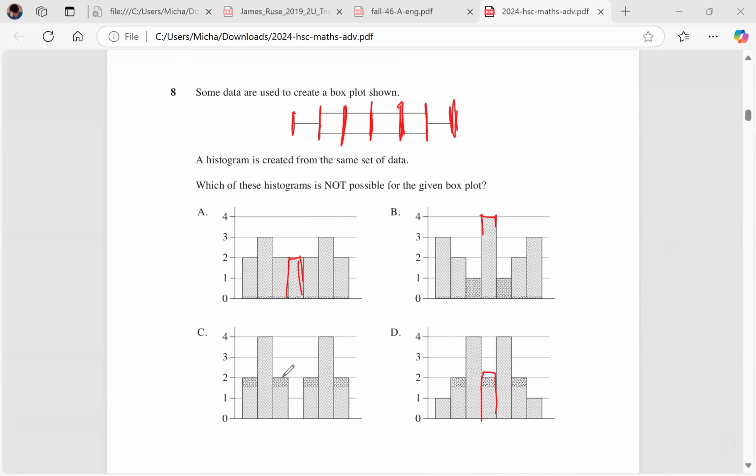So here I guess the median could still be in the middle. It's like the average. Wait, how many numbers are here? This is 4. This is an even number. So if it's even, then you take the average of these two. Okay.